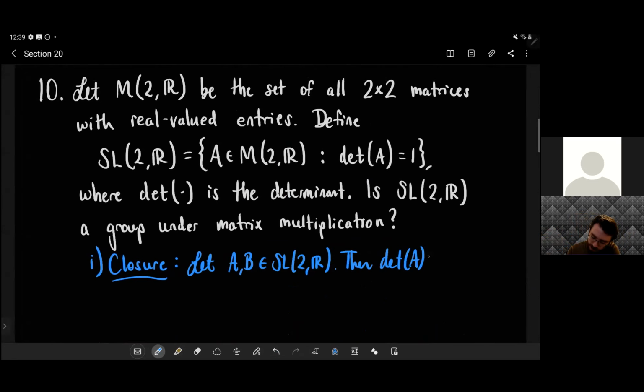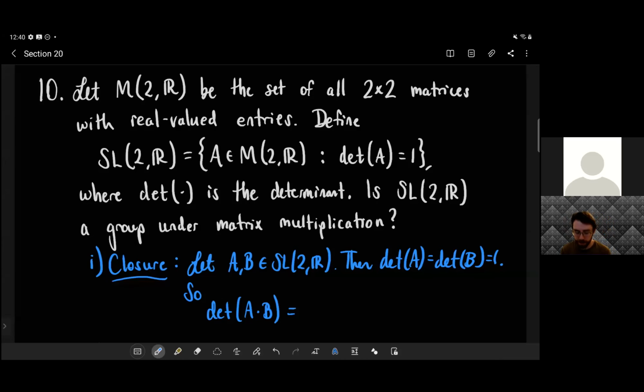Well, at least these matrices have determinant 1 because I'm given that they're in this set. So what's the determinant of their product, A times B? Well, sit and think for a minute. You know a nice property from linear algebra. Namely, the determinant is multiplicative. The determinant of a product of matrices is the product of the determinants.